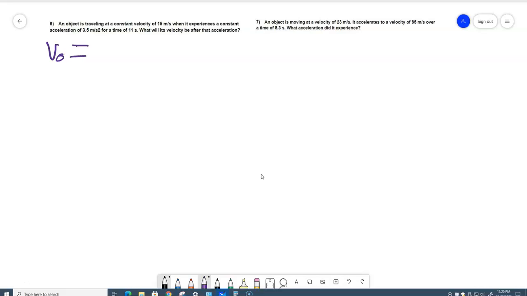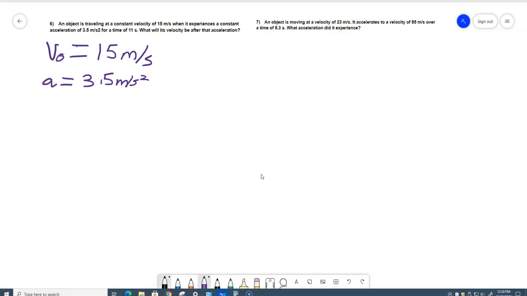So V naught is 15 meters a second. Then it says it gets an acceleration of 3.5 meters per second squared.